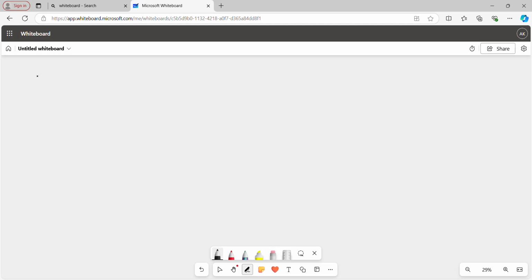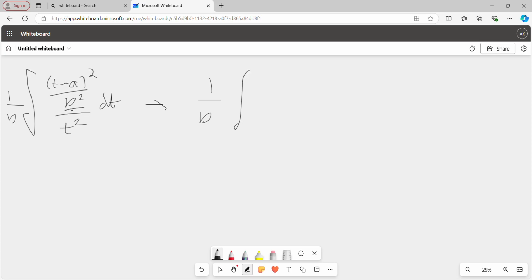Rewriting our term, we have (t minus a by b) whole square by t square into 1 by b dt. 1 by b integral, the denominator of this term gets multiplied by the denominator of the other term.